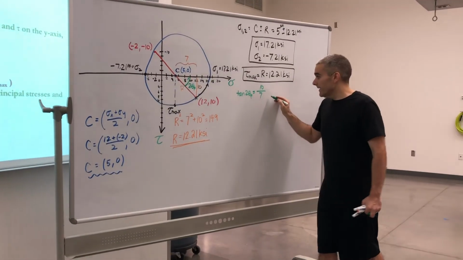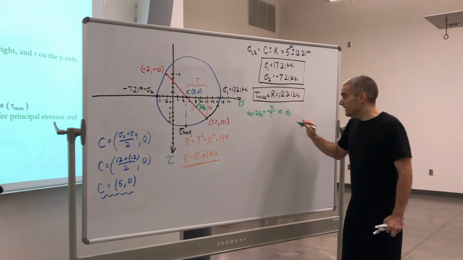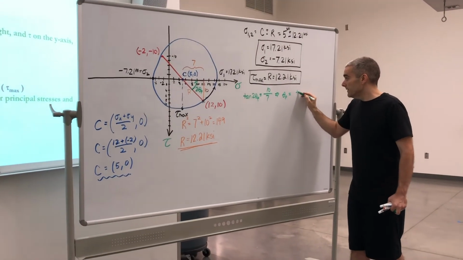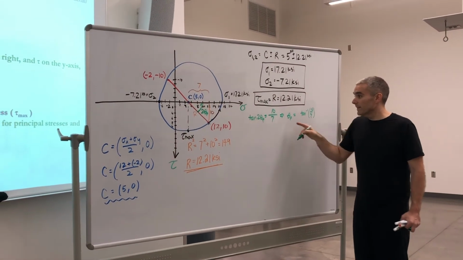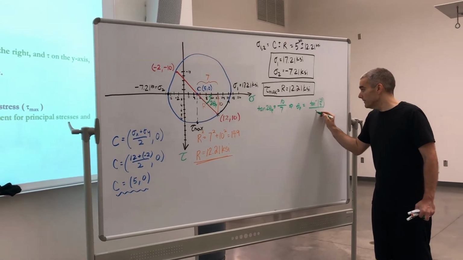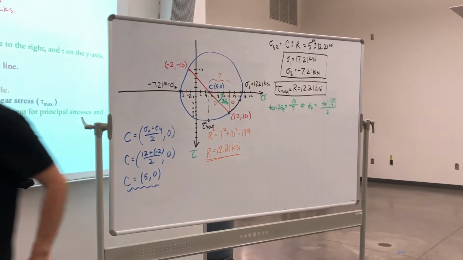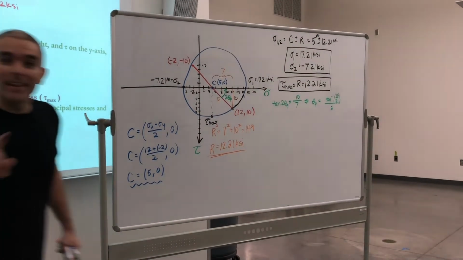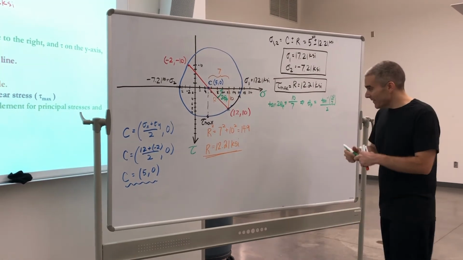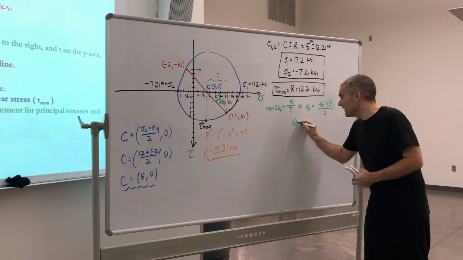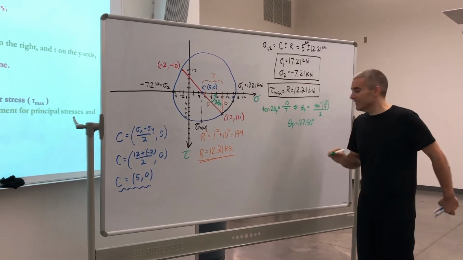So then I have to solve for theta p. Theta p is going to equal tan inverse of 10/7 divided by 2. I can't do that in my head. I'll be back in 1 second. That's 27.50 degrees. So theta p equals 27.50 degrees.